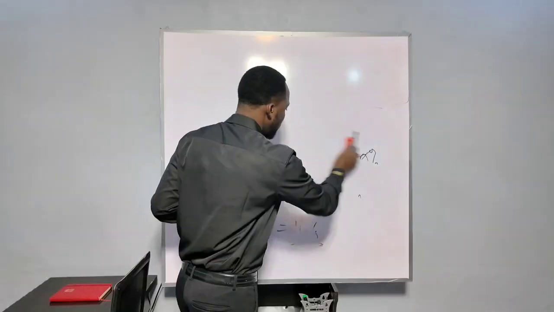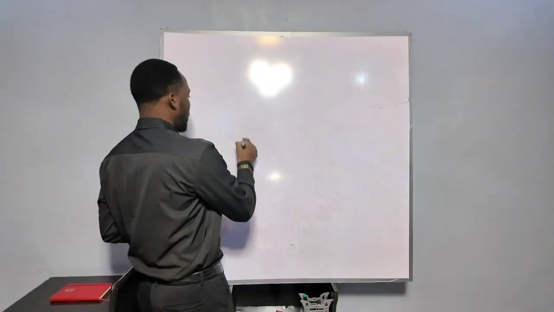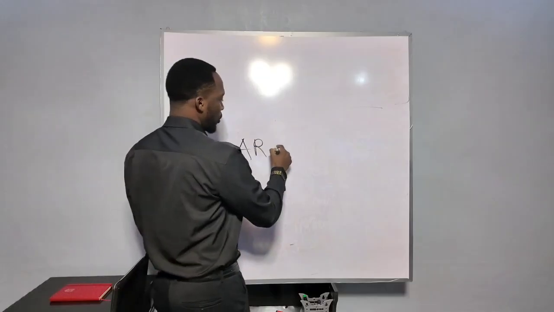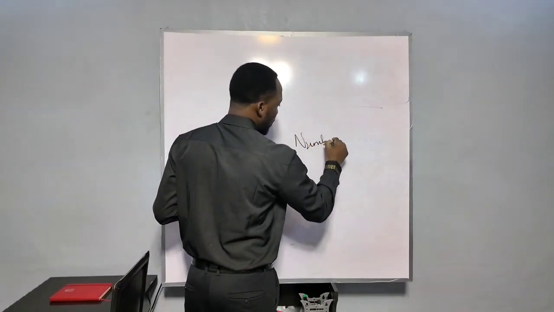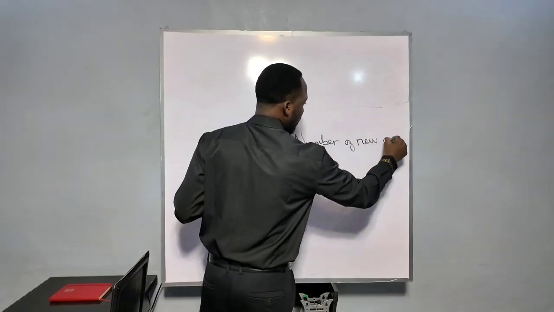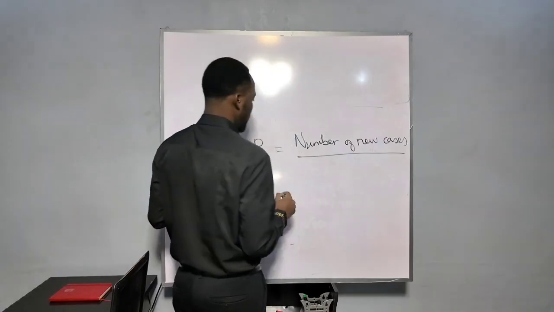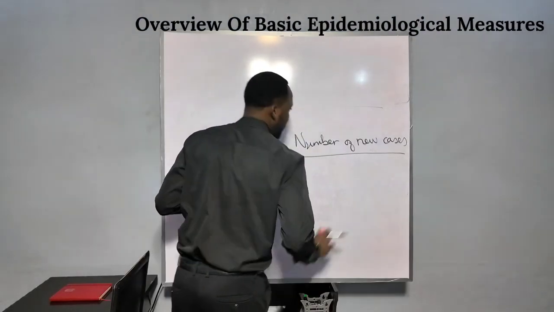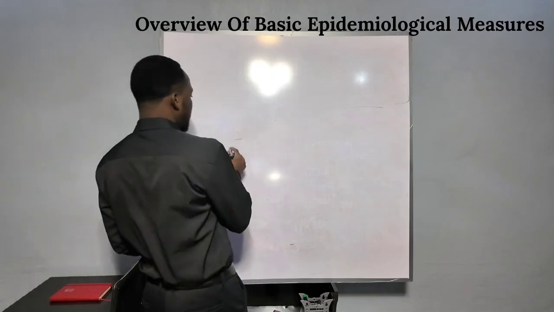The number of new cases, attack rate becomes the number of new cases during that outbreak divided by... oh no, this will not work because I need to put that times 100 there. So let's start from here.